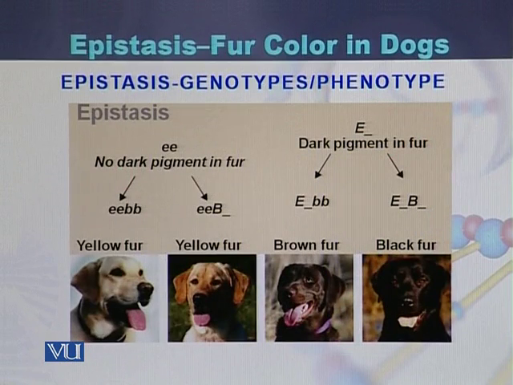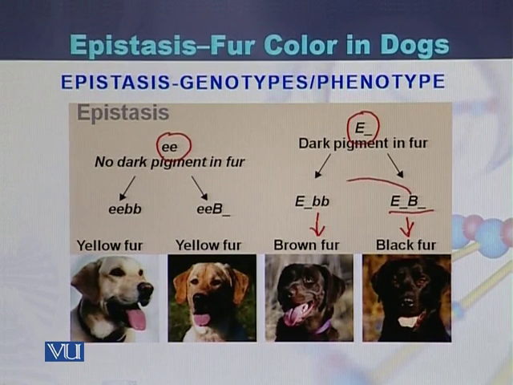Here is a detailed description of the same example. We can see that there is an allele E that is responsible, and in recessive form e. B is the dominant allele for black color. Here we can see that it is in the same gene. If this gene is in a recessive form, then the fur color of the dogs will be brown.